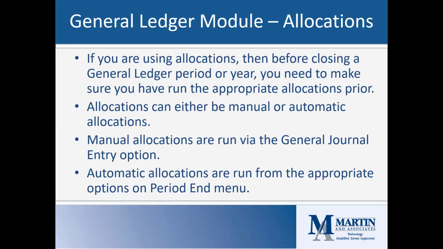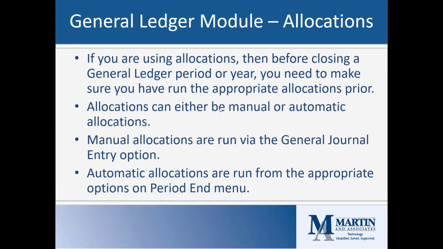So the example is when the telephone bill comes in, the AP data entry clerk puts it all to the general telephone expense account to make it easy during data entry. But you have an allocation set up where you say, take it from this overall telephone expense account and break it down to these 5 detailed telephone expense accounts based on this certain percentage. So when you run your allocations at period end or year end, it'll basically do that distribution for you.